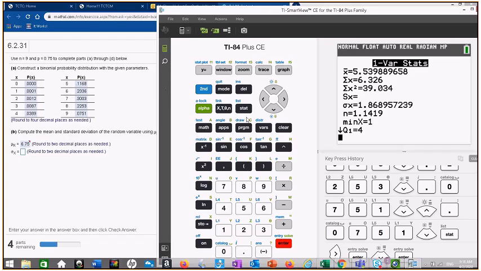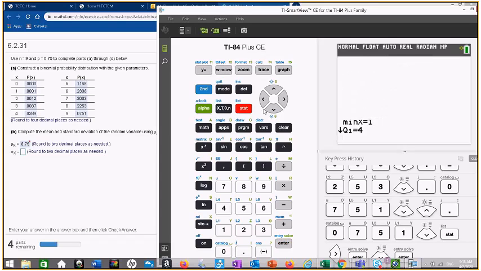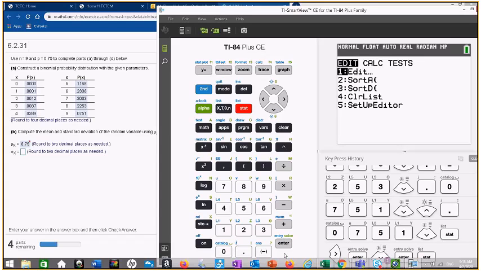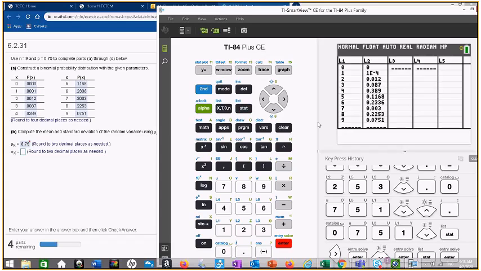Let me go to stat, edit, 0, negative 3 zeros, that's good, or 0.012, there it is.